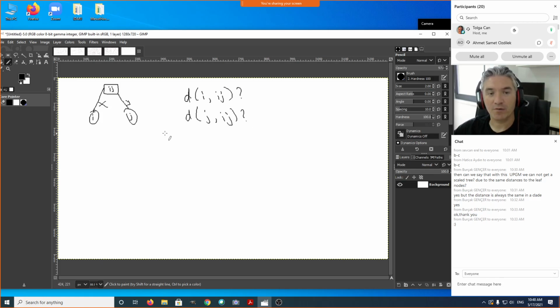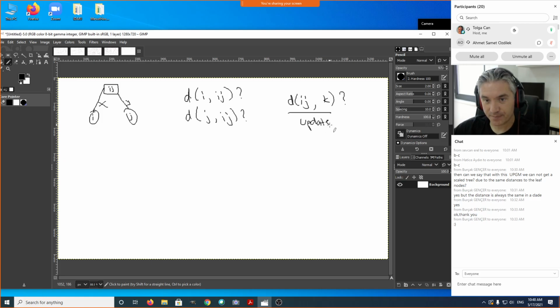In UPGMA, this was just divided equally among the nodes. Here in neighbor joining, they will be decided with a formula differently. Another thing is, in order to update the matrix, what is the distance of ij to some other node k that is in the matrix?